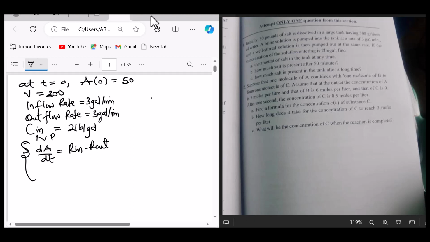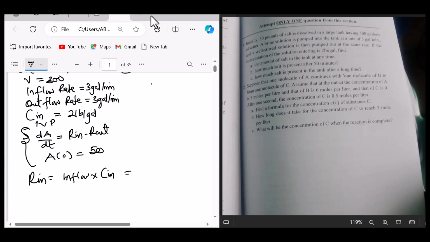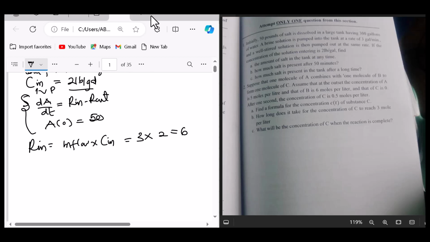And then A of 0 equals what is given here, that's 50. Okay, so now let's look for our R in. R in is inflow times concentration in. The inflow was given to be 3, so 3 times the concentration in, which is 2, that's just 6.